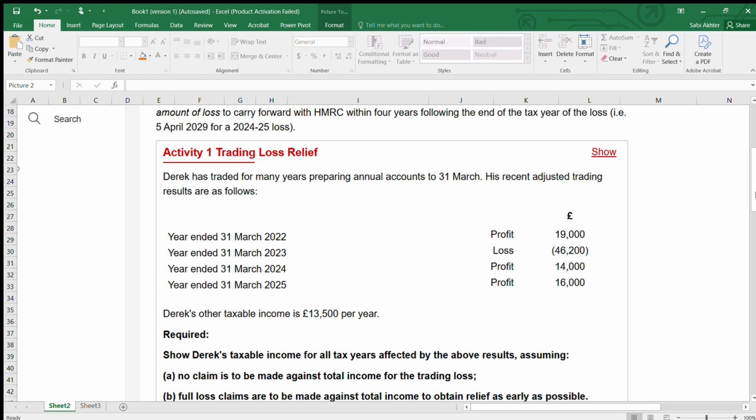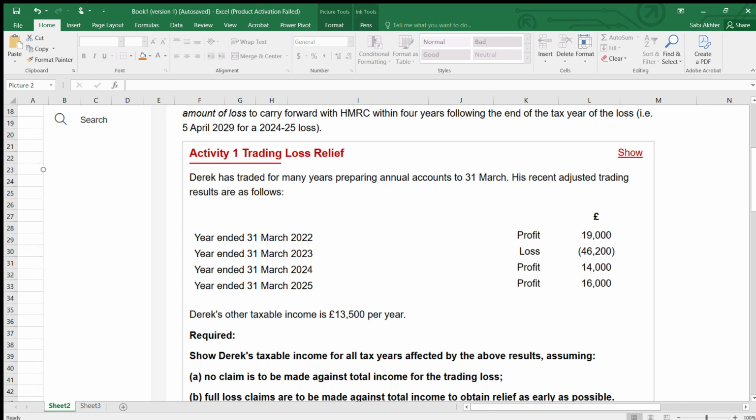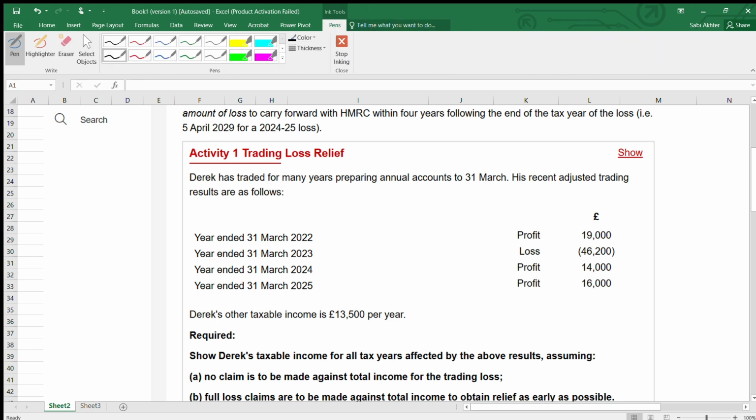This happened 31st March 2023, so 31st March 2023 is the year of the loss. So it happened in 22-23. This is the tax year of loss. So in this year, your trading income will show nil.